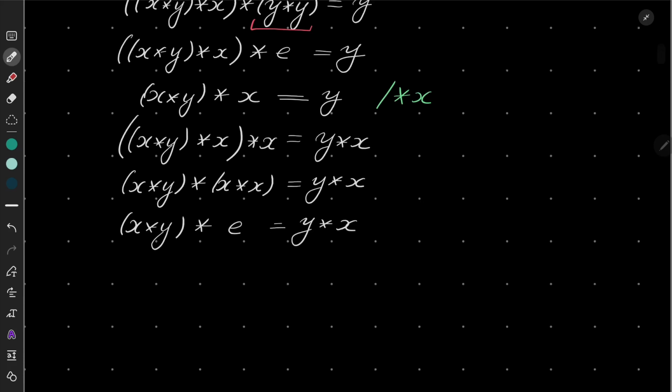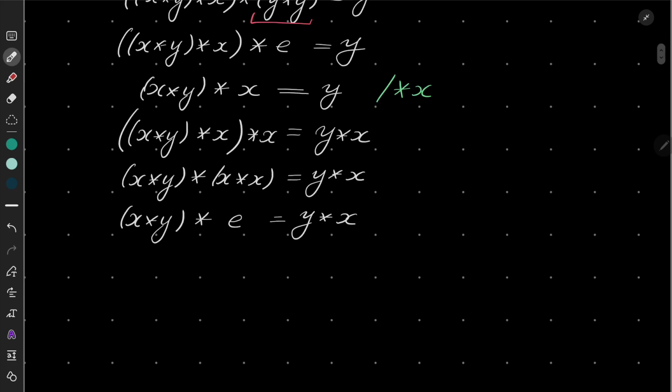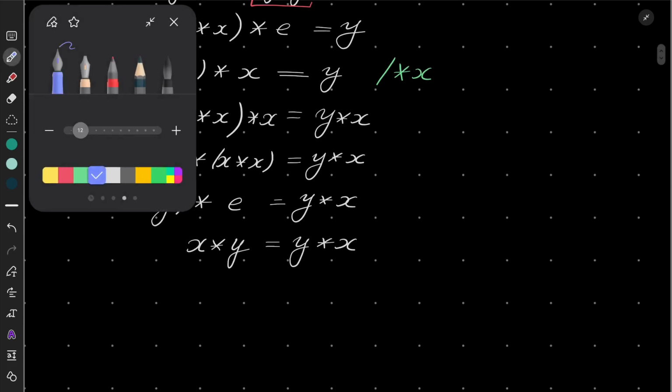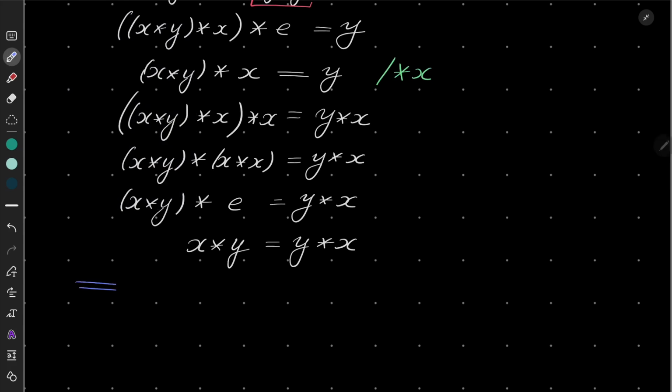And again, taking our star operation with the neutral element, it's just x star y. So x star y equals y star x, which exactly means that our group is commutative, because it holds for every two x and y. That implies that G is commutative, and that closes our proof of the first lemma.